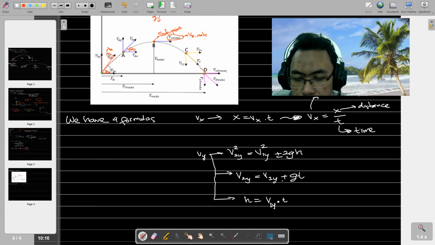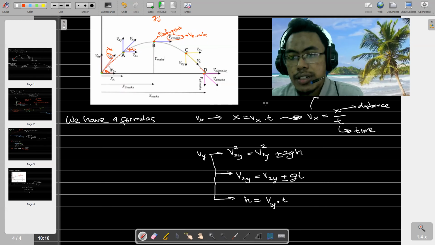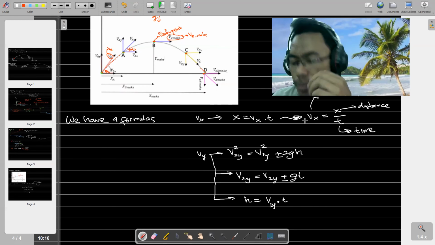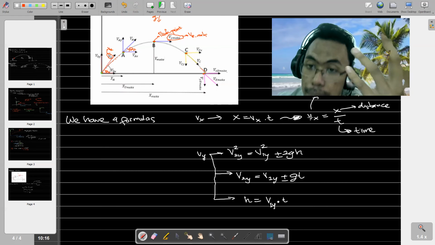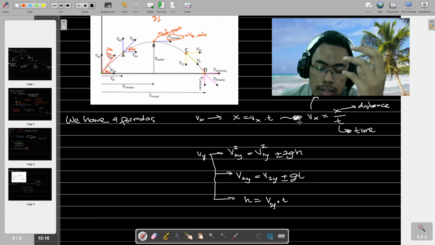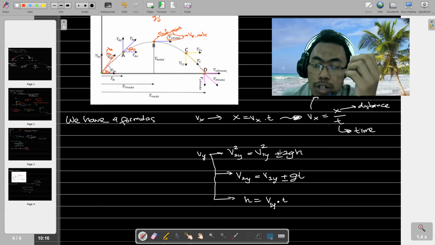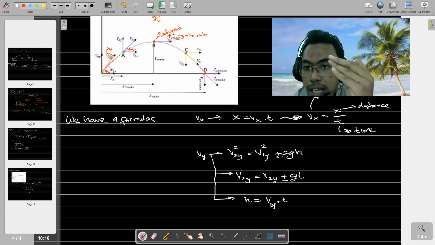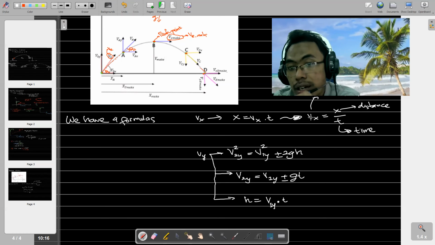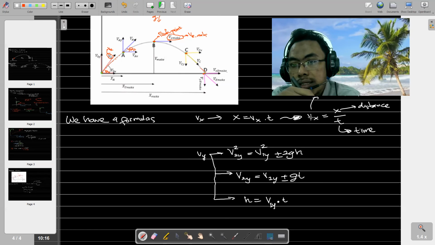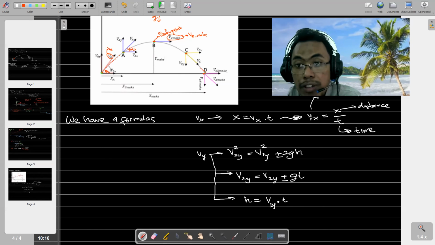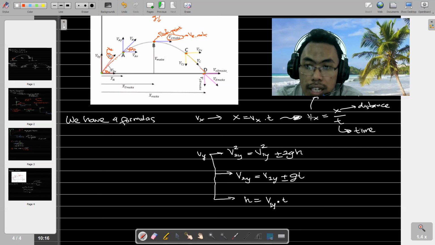Okay, plus or minus depends on the direction of gravity and the direction of your object. When your object moves up, it will be opposite to the direction of the gravitational force, so we will use a negative sign. But when your object is moving down, or falling down, and the direction is similar to the direction of gravitational force, then the sign will be positive.